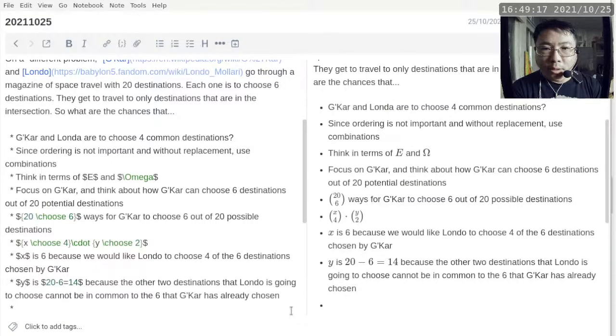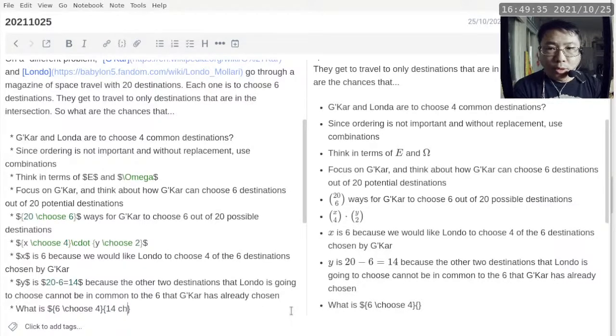Okay, now that we know what x is, now that we know what y is, the next question is what exactly is, let's see, this is going to be 6 choose 4 times 14 choose 2. What exactly is that?